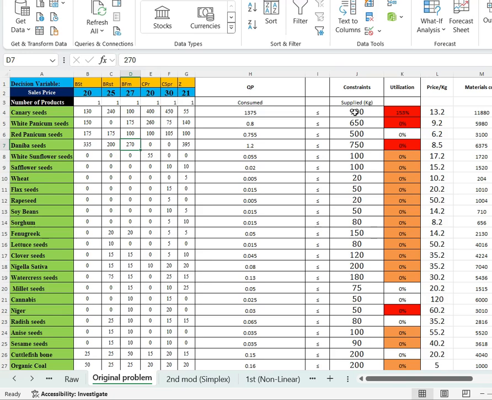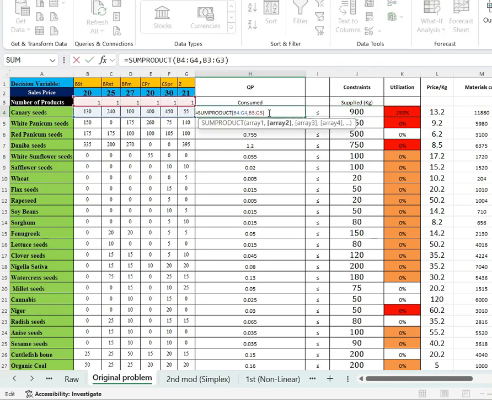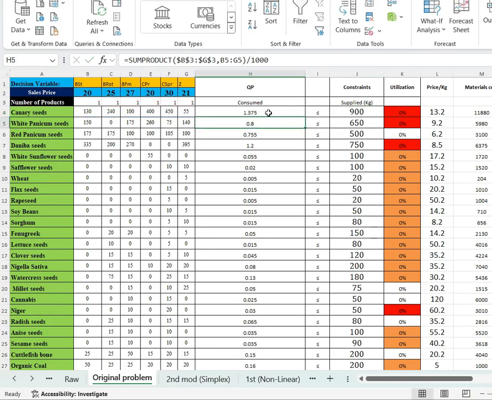Okay. All right, so how about these? These are the maximum amount of raw materials that can be consumed. Like here, we actually need to divide by 1000 in order to get it in kilograms. So we consume here 1.3 kilograms to produce just one package.